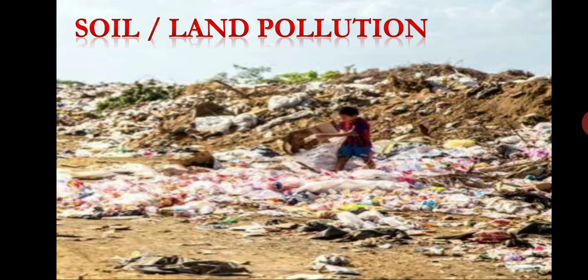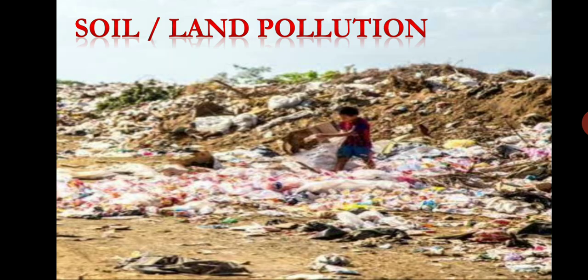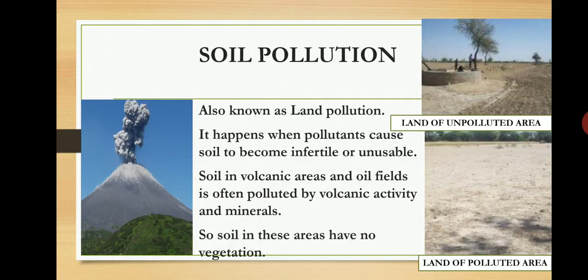Now let's look at the next type of pollution, that is soil or land pollution. Soil pollution is also known as land pollution. You need to repeat that. Soil pollution is also known as land pollution.